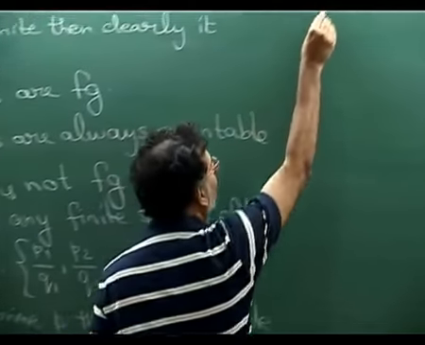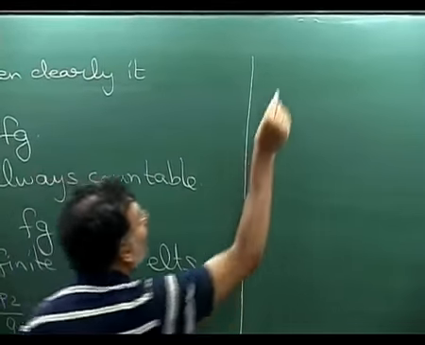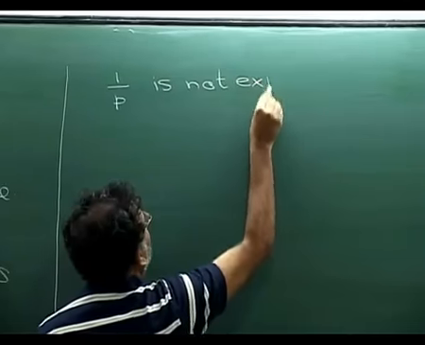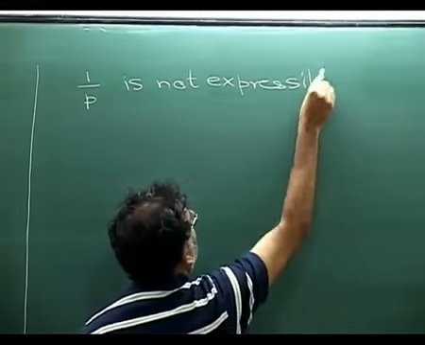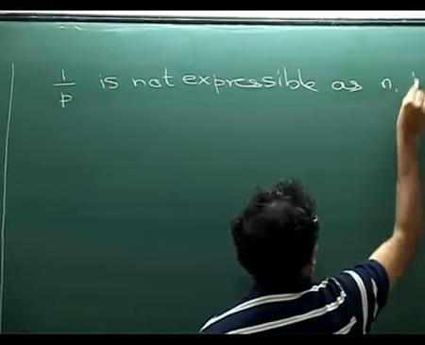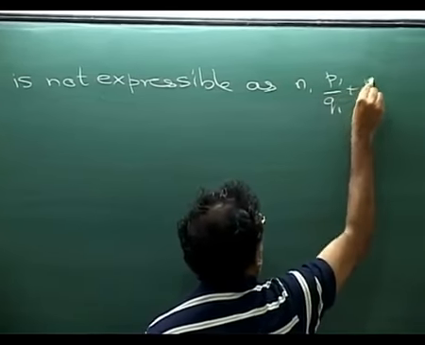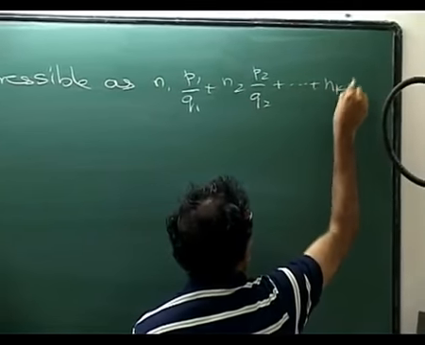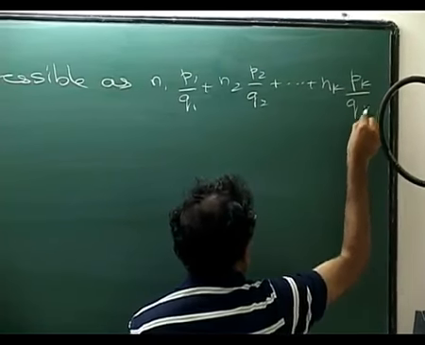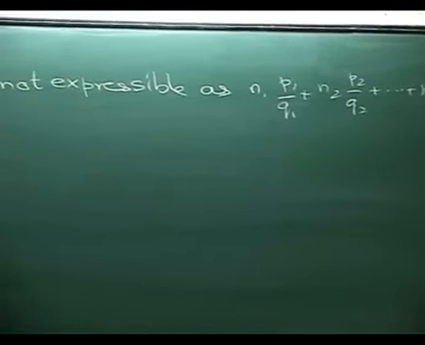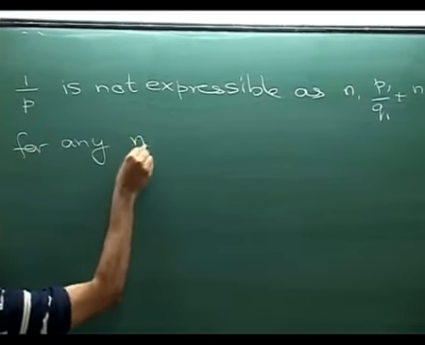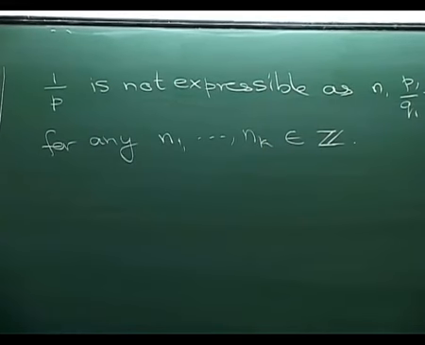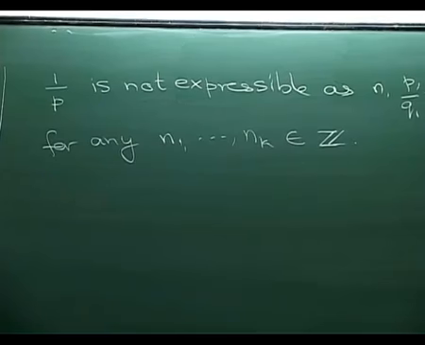So now I claim that 1 by P is not expressible as N1 P1 by Q1 plus N2 P2 by Q2 plus Nk Pk by Qk, for any N1 up to Nk in Z. That's my claim.